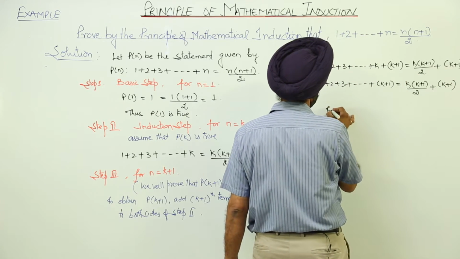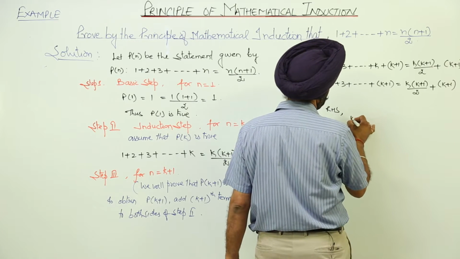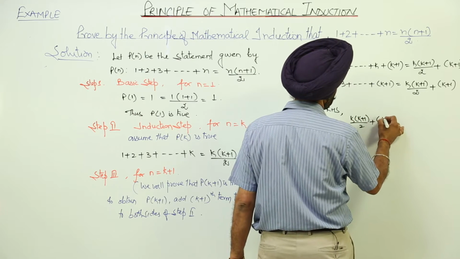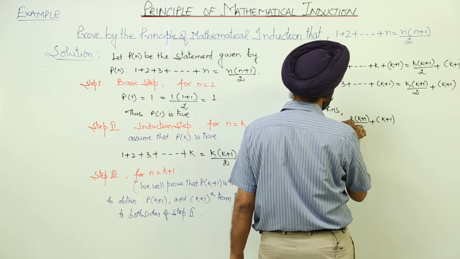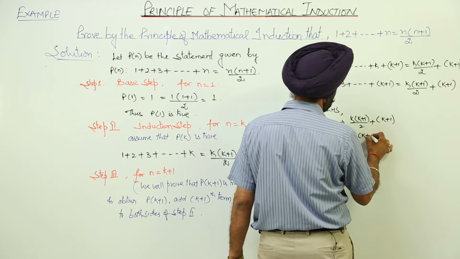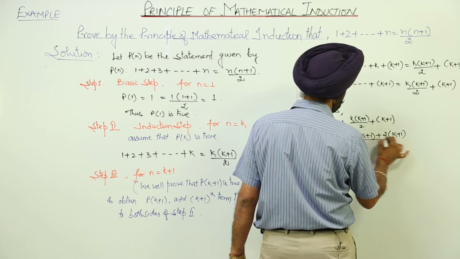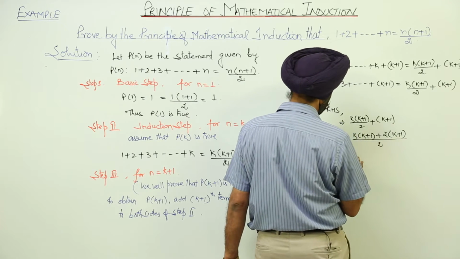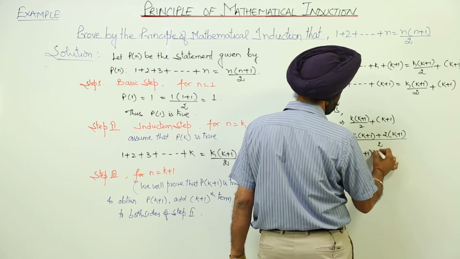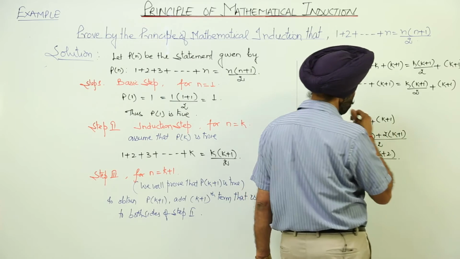Now, right hand side becomes k times (k plus 1) plus twice of (k plus 1), divided by 2. Taking k plus 1 common, (k plus 1)(k plus 2) upon 2.